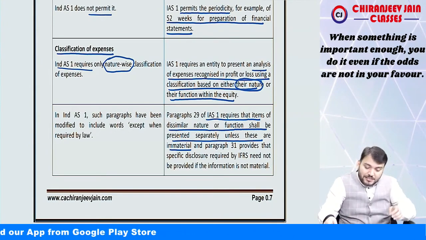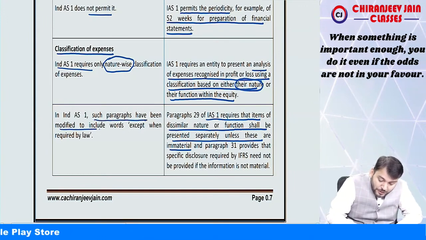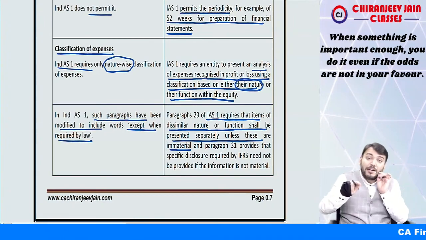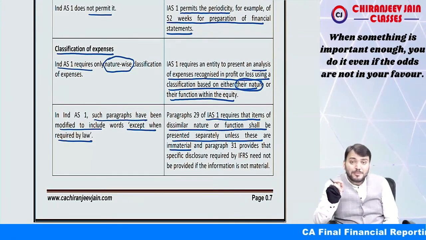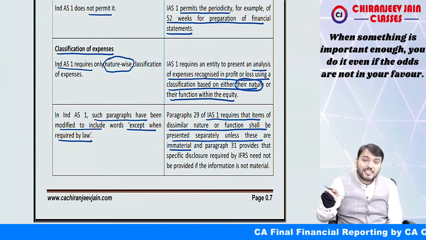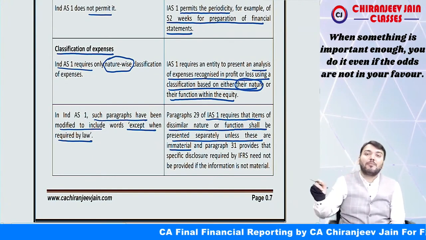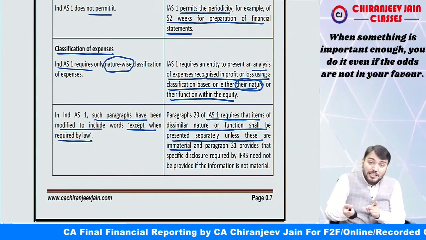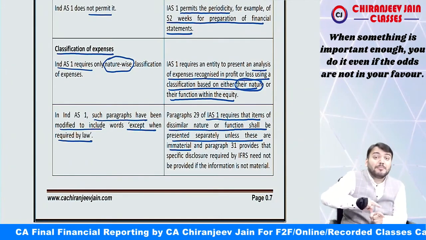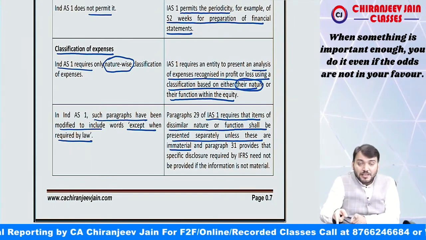What is that phrase? As per Ind AS, such paragraph has been modified to include "except when required by law." This has been added. Means Ind AS says that items of dissimilar nature shall be presented separately unless these are immaterial, except when required by law. Except when required by law means even though dissimilar items are immaterial, they need to be disclosed separately if required by law.